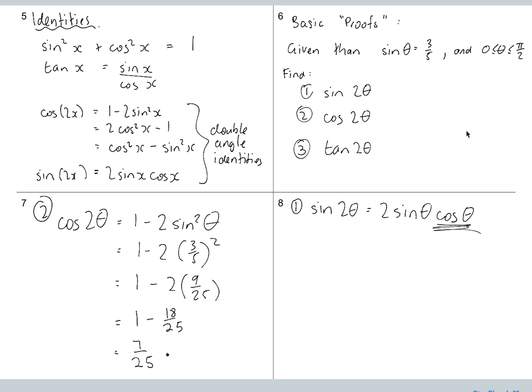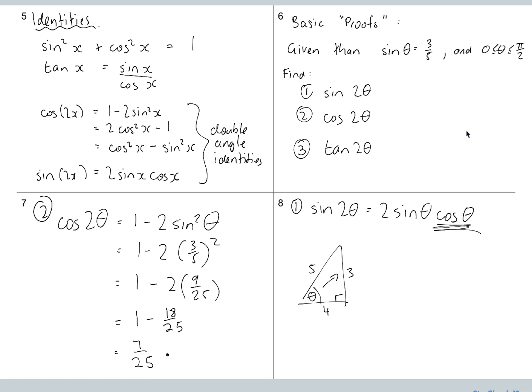So there's a couple of ways you can do it. I'll show you one which I think is pretty straightforward. If you draw a little triangle, and you just arbitrarily make the bottom angle theta, then you're told that the sine of theta is 3/5, which means the opposite is 3, the hypotenuse must be 5, and some of the more astute of you might recognise this as a 3, 4, 5 Pythagorean triple.